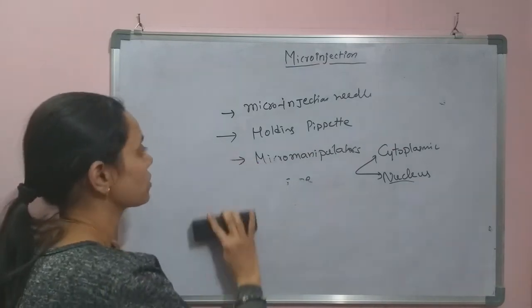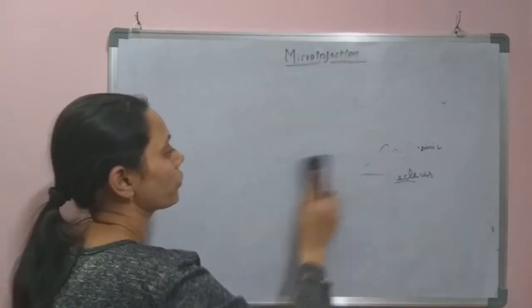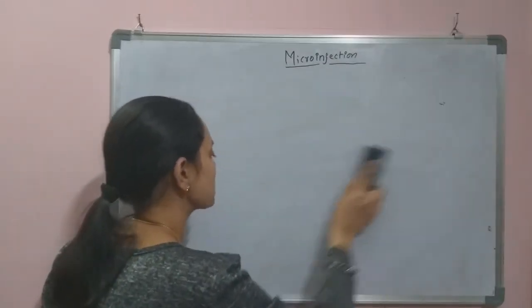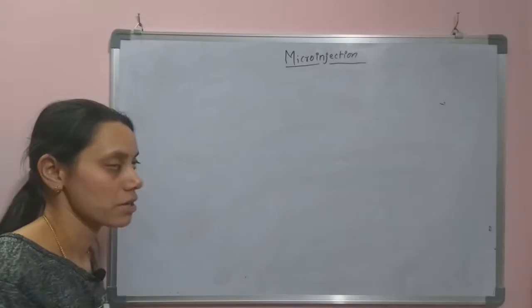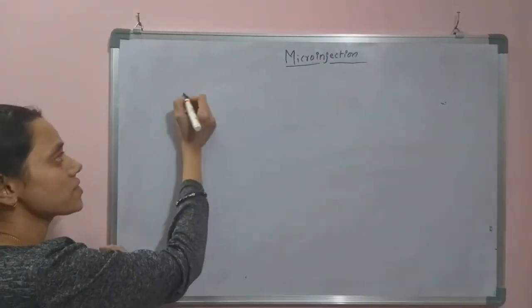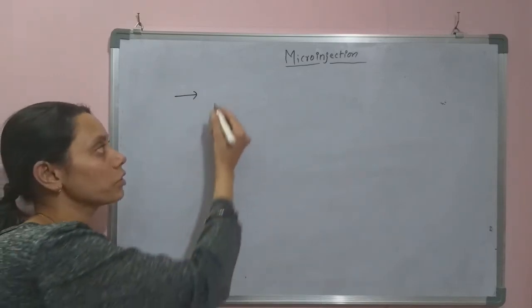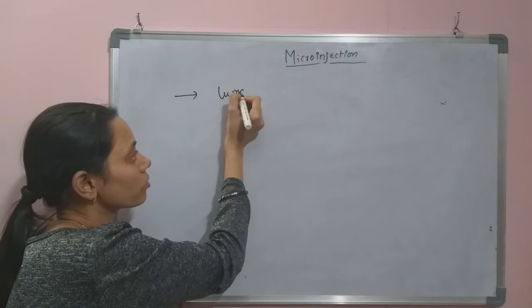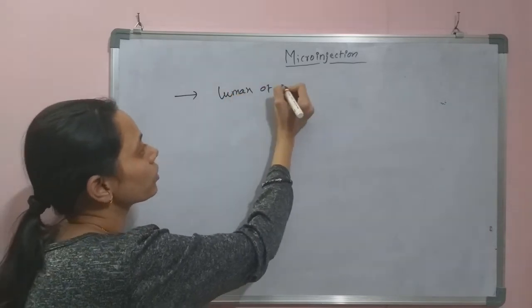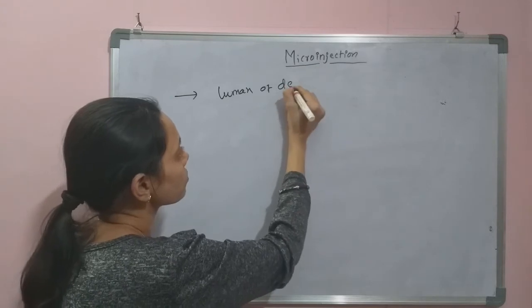So coming to the next discussion point, how do we produce a transgenic animal using this microinjection procedure? Basically, we can produce transgenic plants or also animals. These transgenic plants are produced by injecting DNA into the lumen of the developing inflorescence.